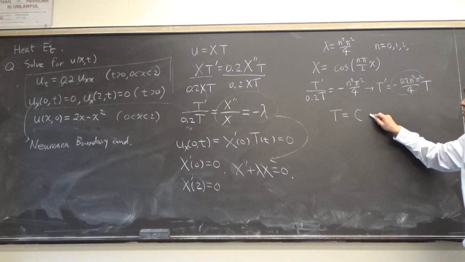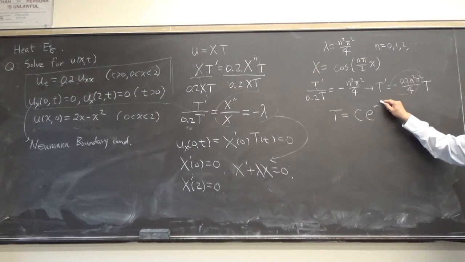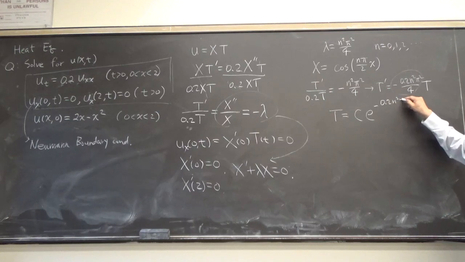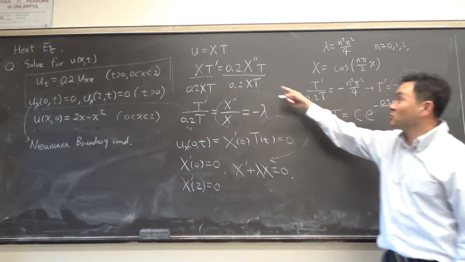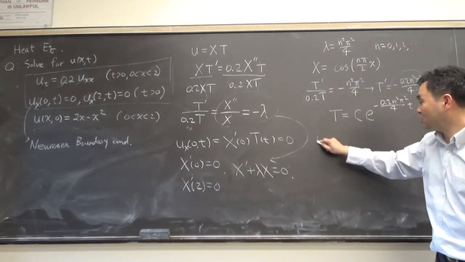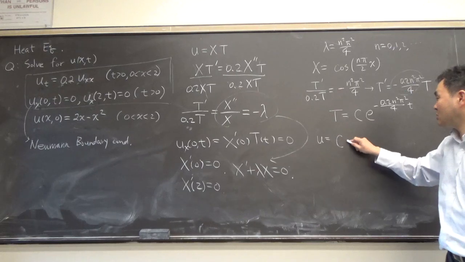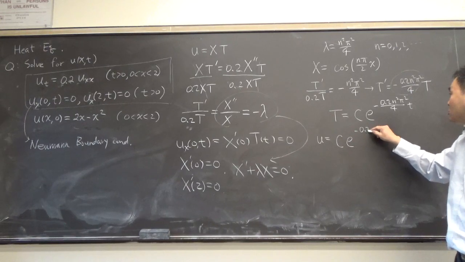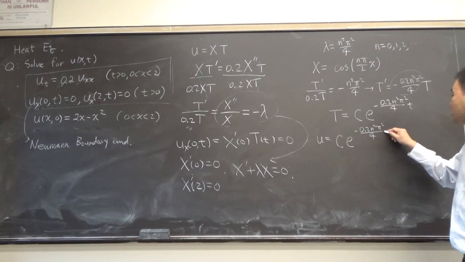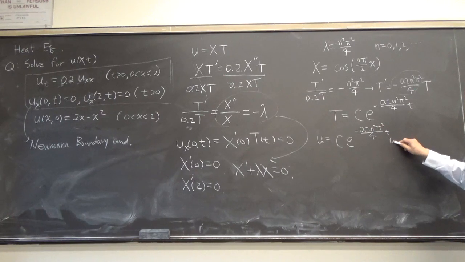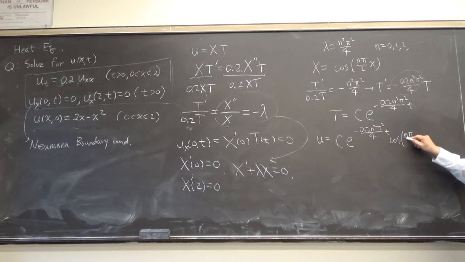So that's c times e to this thing. And now you put everything back again, you plug it into u of x, t equals X times T, so u must be some constant times e to the negative 0.2 n squared pi squared over 4 times t, times cosine of n pi over 2 x, where n starts from 0 now. Okay?